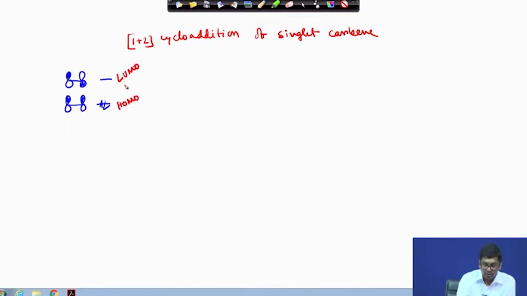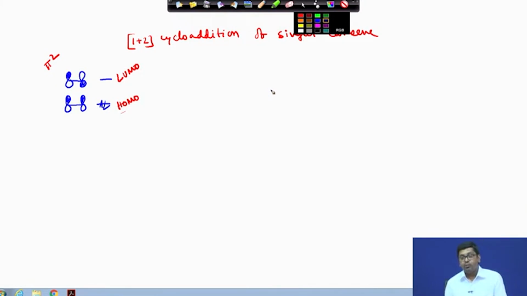LUMO means lowest unoccupied molecular orbital and HOMO means highest occupied molecular orbital. So, for this pi 2 system, these should be its molecular orbitals. Now, if we take the alkene HOMO, because we are reacting an olefin having a pi 2 electron system with a carbene, let us check its orbital symmetry.